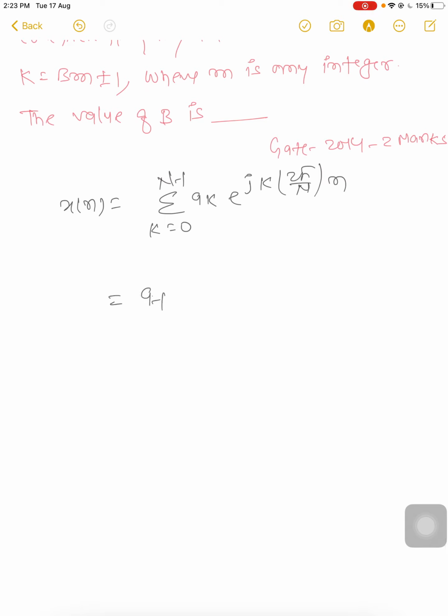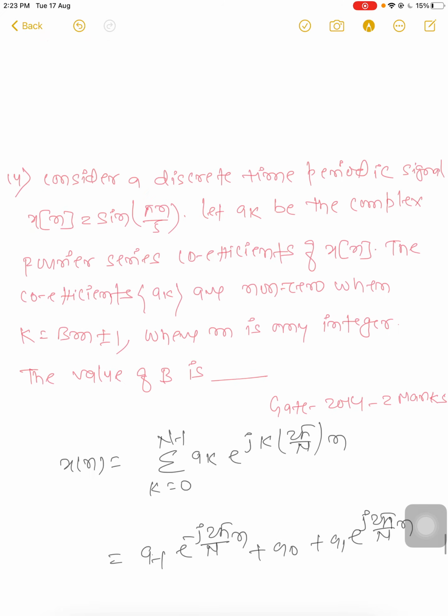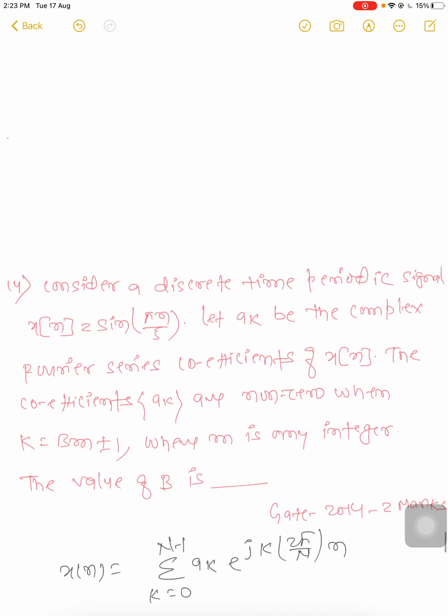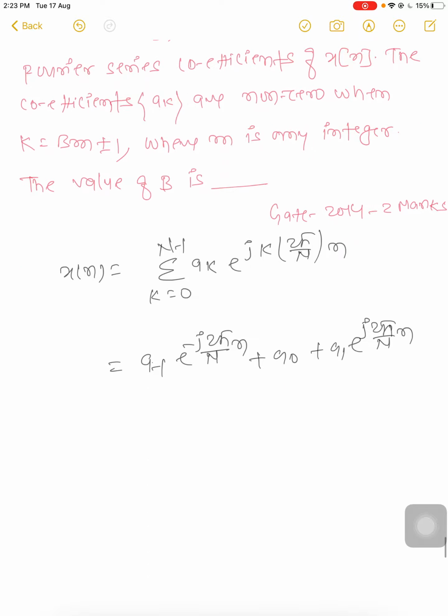Then what will happen? A minus 1 e to the power minus j 2 pi N n plus a0 plus a1 e to the power j 2 pi N n.